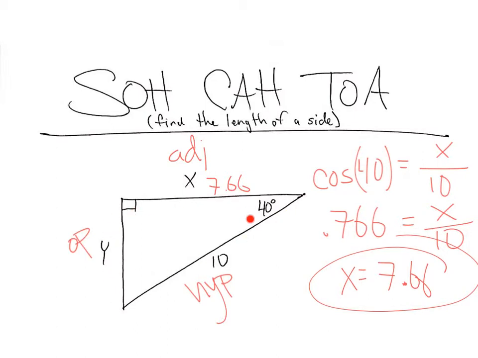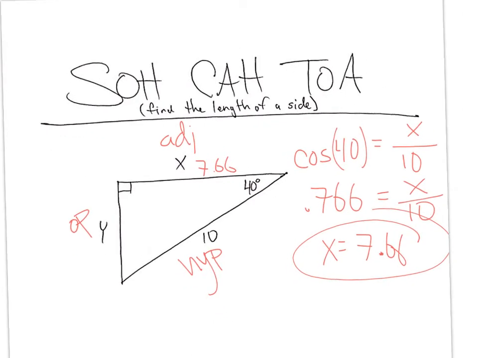To solve for y, if we're using the 40-degree angle, we could use opposite over adjacent, so we could use tangent, now that we know this side, or we could do opposite over hypotenuse, and that would be the sine of 40 degrees.